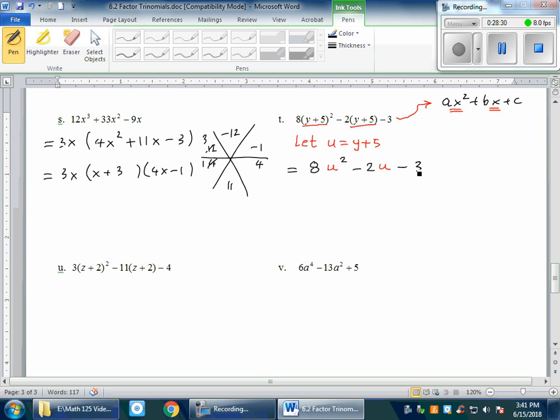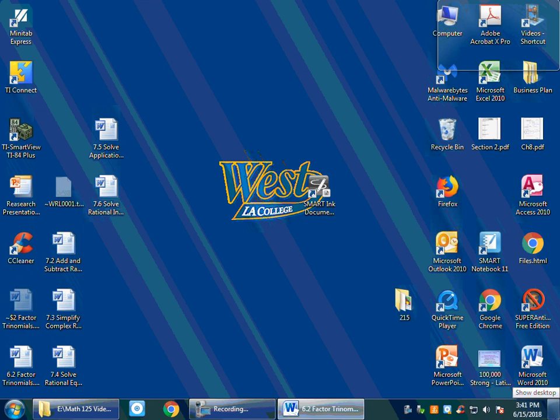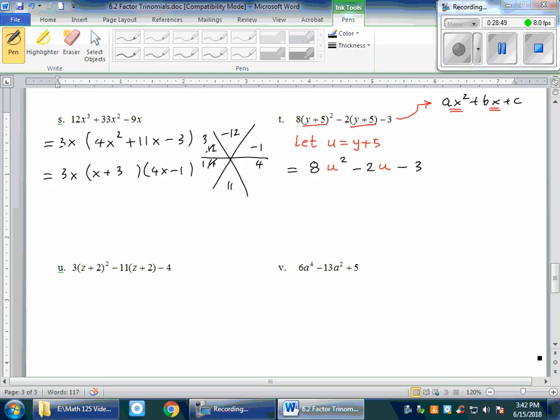Now this looks like something that we are familiar with how to factor. It's basically rewriting so that it will be easier to see it and then factor. So now you're going to use the same technique that we've been doing for several examples.